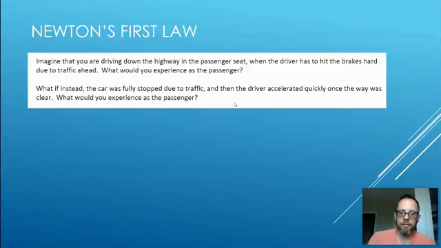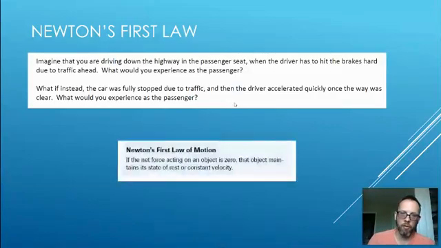These ideas are consequences of Newton's first law of motion. If the net force acting on an object is zero, that object maintains its state of rest or constant velocity. So in the first example, you're sitting in the passenger seat and the car is moving at a constant velocity, and the driver hits the brakes.